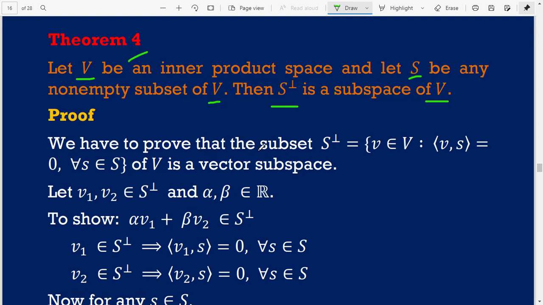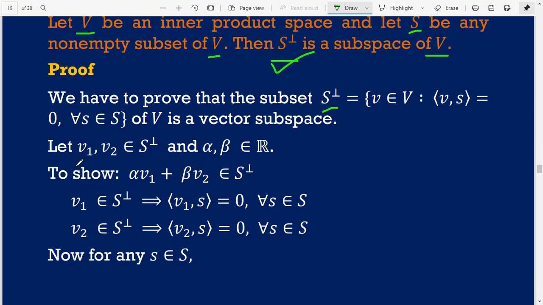We have to prove that the subset S orthogonal, equal to the set of V belongs to V such that inner product V with S is equal to 0 for every S belongs to S, is a vector subspace.